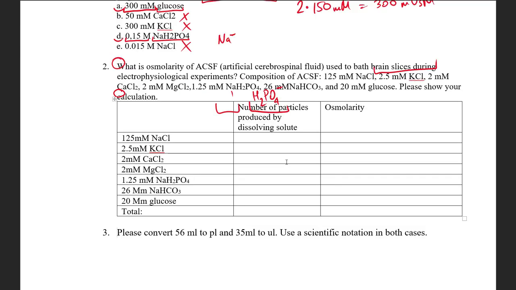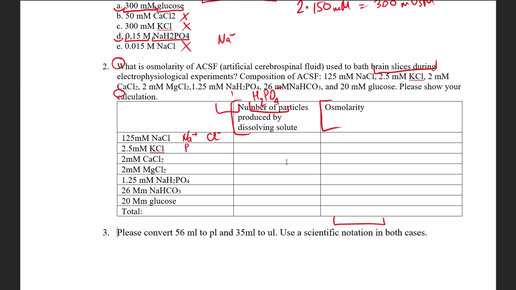Okay, so we have the second question. It is about the osmolarity, so you have to count the number of particles and then calculate the osmolarity. In total you will need to write the osmolarity here. So sodium chloride will dissociate into sodium and chlorine.